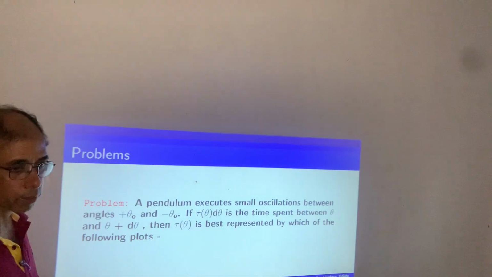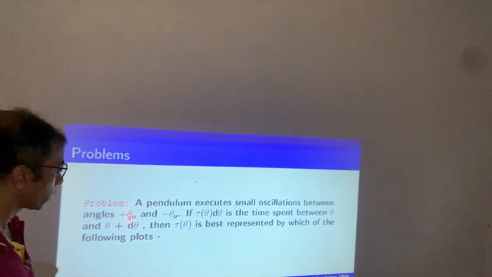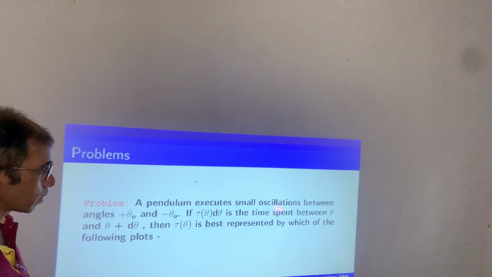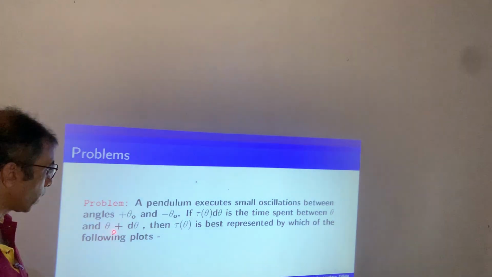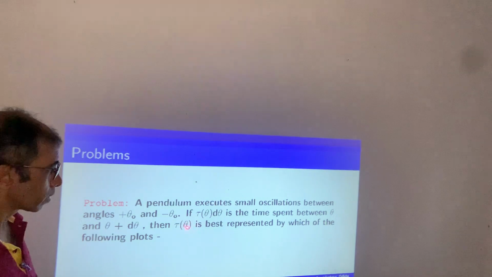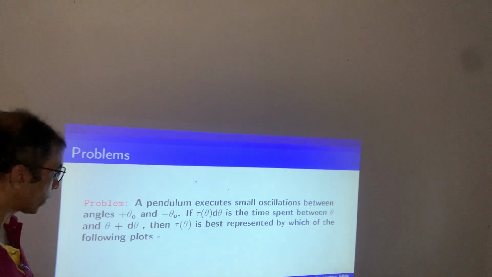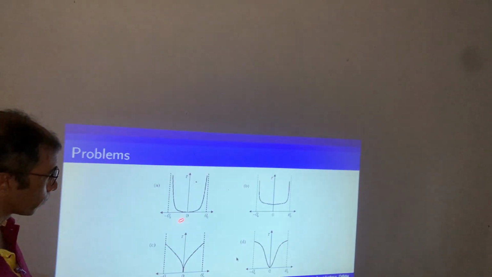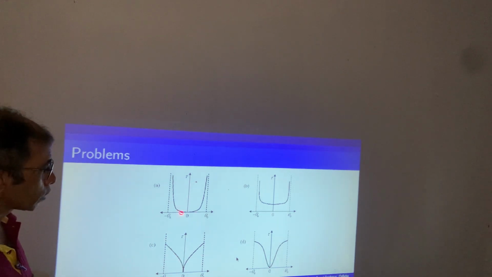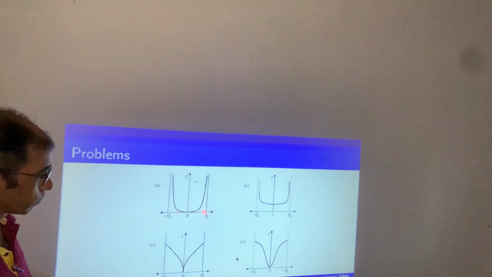So there is a pendulum that is oscillating between plus theta naught and minus theta naught, and tau theta d theta is the time spent between theta and theta plus d theta. So four plots are given, 1, 2, 3, 4. Which one represents tau theta?